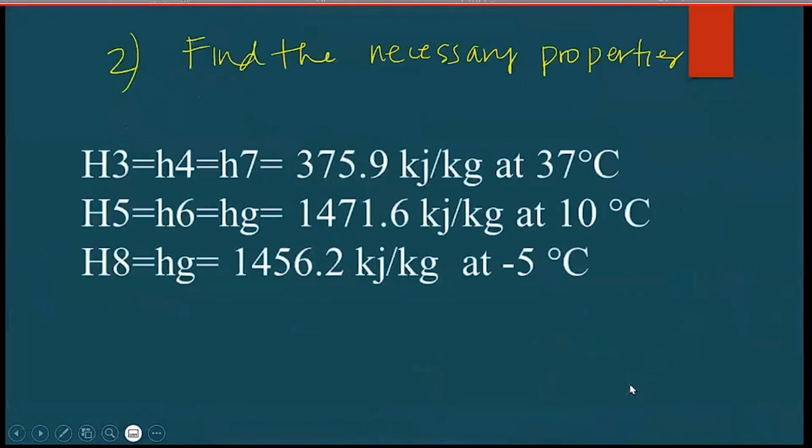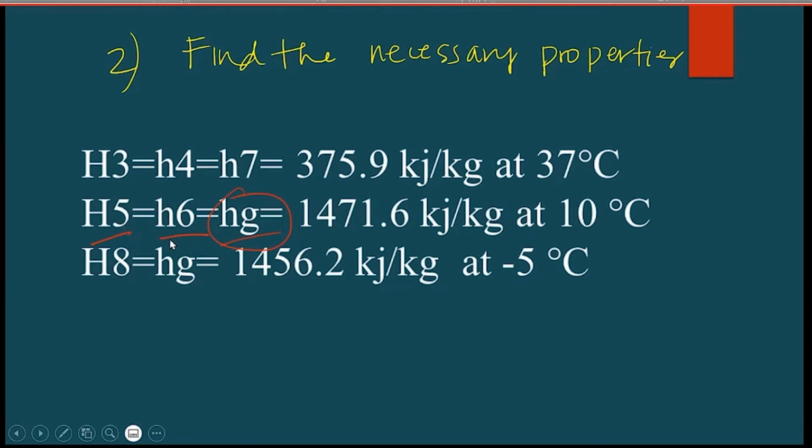So let me go back to our values now. As I told you, H5 is on the saturated vapor line, same as H6, same as Hg. This Hg is the one you can see in the table. You cannot see H5, H6 in the table, because we are the only ones who define the numbering.